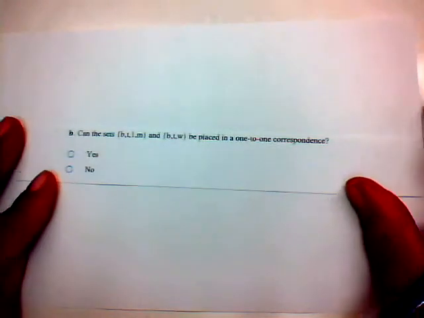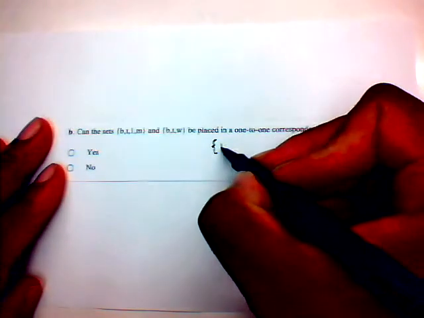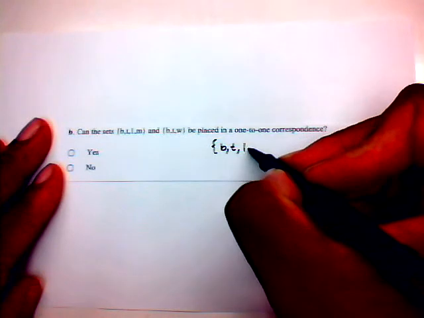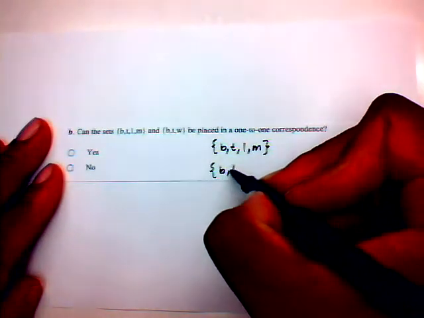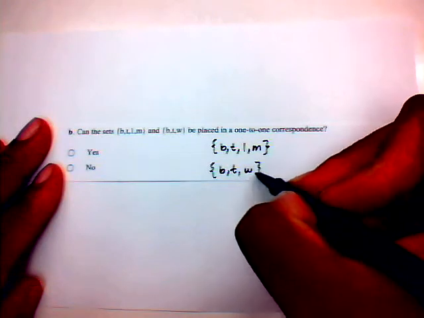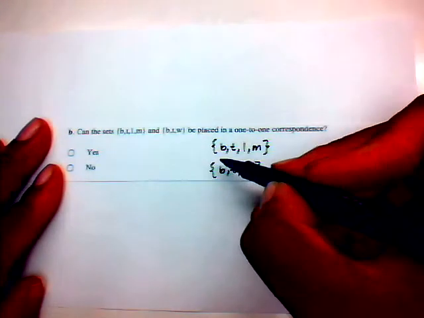Now part B. Can the sets B, T, L, M and B, T, W be placed in a one-to-one correspondence? So here in this case, this would not be a one-to-one correspondence.